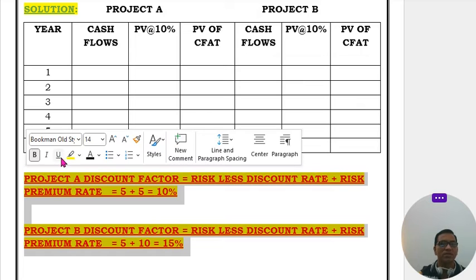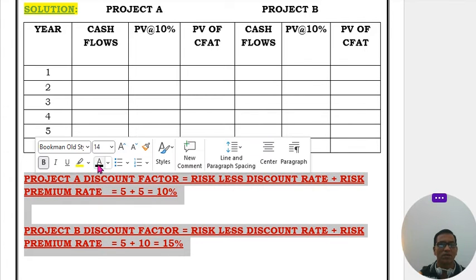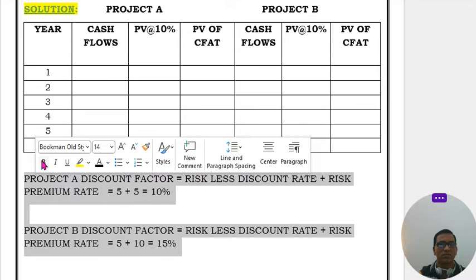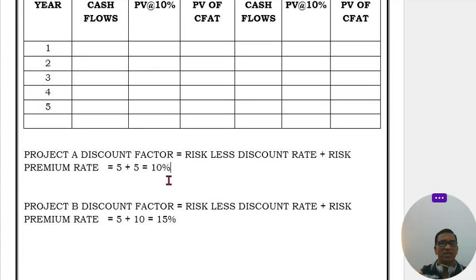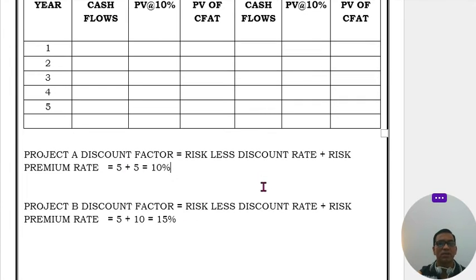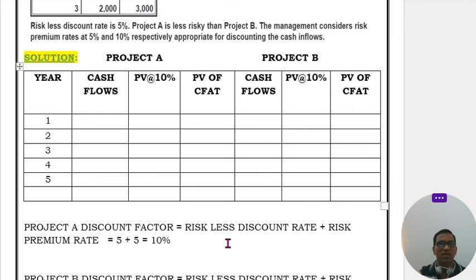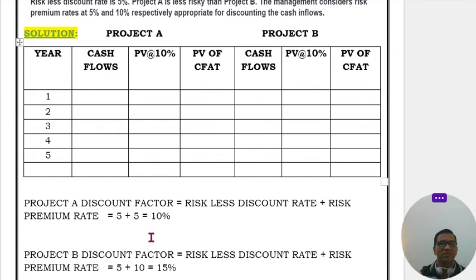So here, project A discount factor, that is the rate of return for table values, is the riskless discount rate 5% plus the risk premium rate. The management considers risk premium rates of 5% and 10%. So 5 plus 5, 10%.